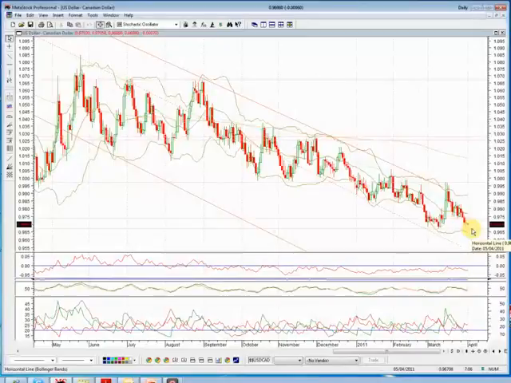In other words, until we trade below that boundary, lower, or above that boundary, going higher, there's no way to tell where the market is going. So for me, in the meantime, the market is going sideways, and I have to adjust my trading to that situation.